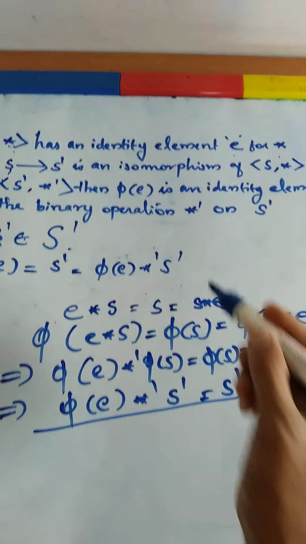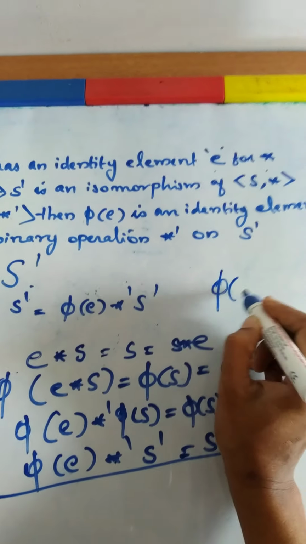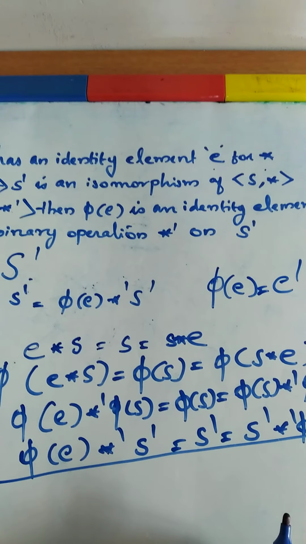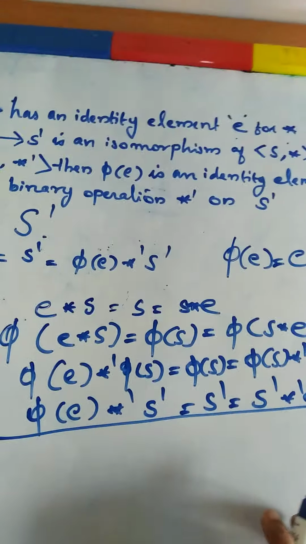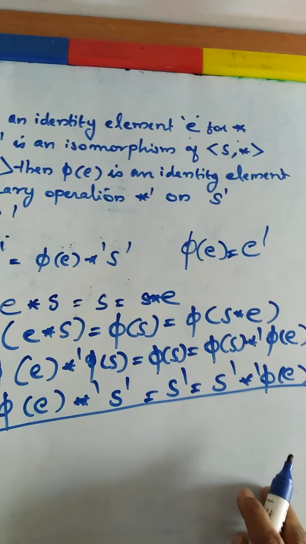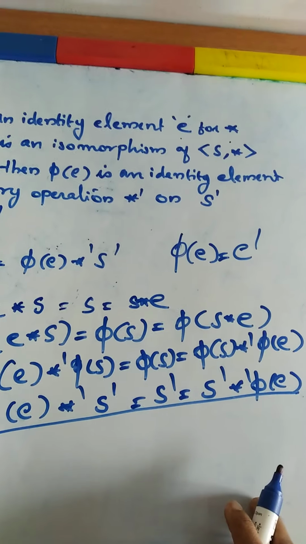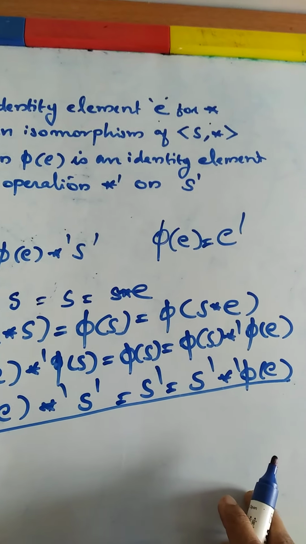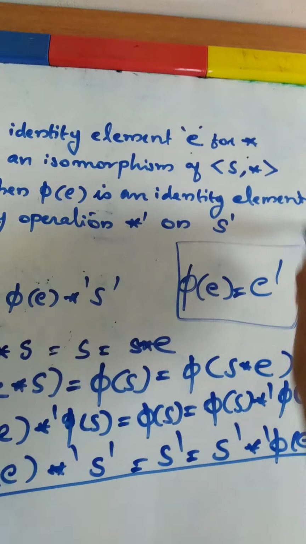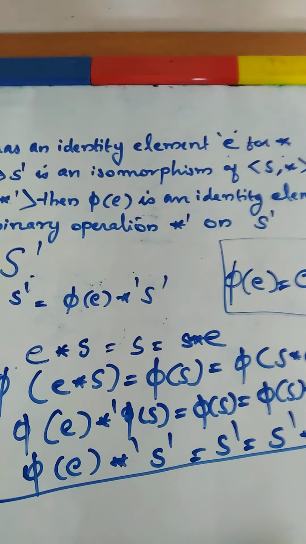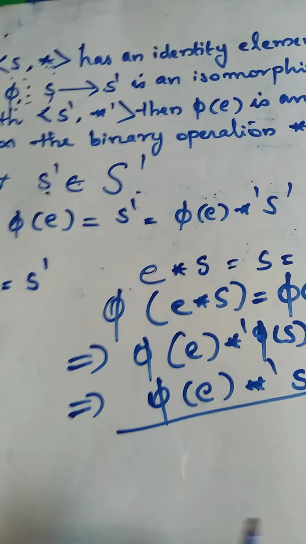We can say that an isomorphism maps an identity element E in S with respect to star into an identity element E dash in S dash. Phi of E is equal to E dash if phi is an isomorphism. So keep this theorem in mind and try to prepare the note also.